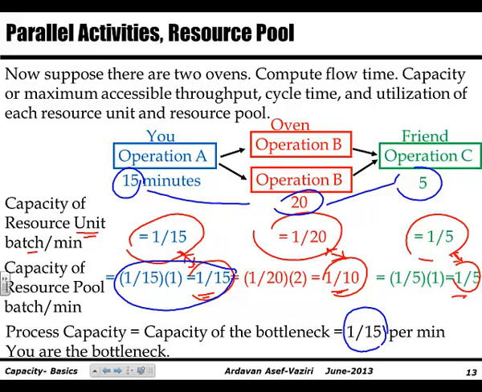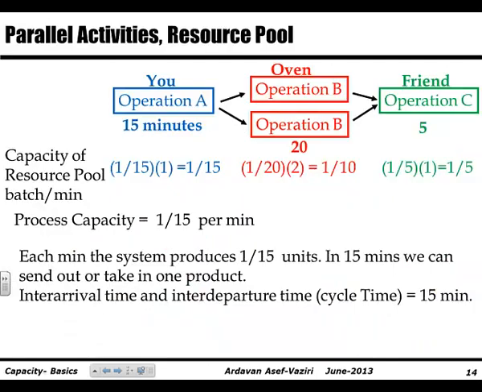In the previous situation, cycle time was 20 minutes. Here it is 15 minutes. Process capacity is 1/15. Every minute 1/15 units are produced. So in 15 minutes 1 unit is produced.